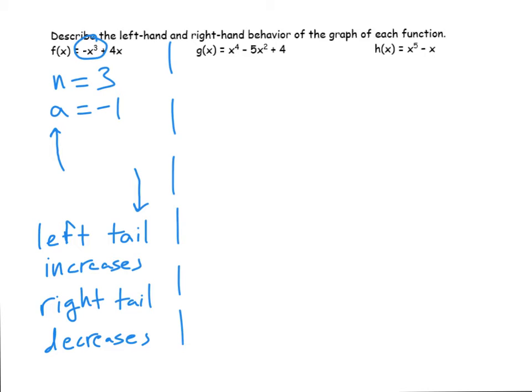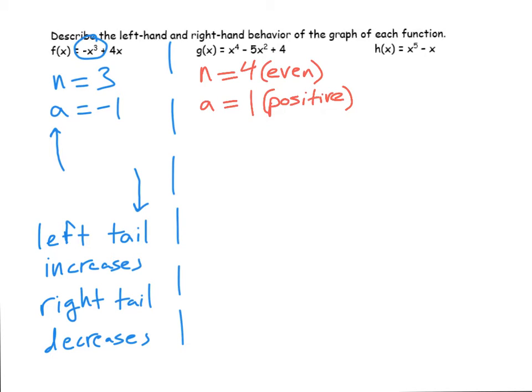All right, take a look at G. I noticed two things. First off, n is 4. Leading coefficient is 1. Okay? In other words, right? Specifically, it's even. And a is positive, right? According to the leading coefficient test, that's very specifically what I'm looking for, right? Degree is even, a is positive.